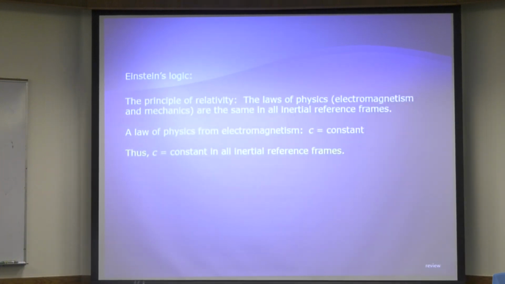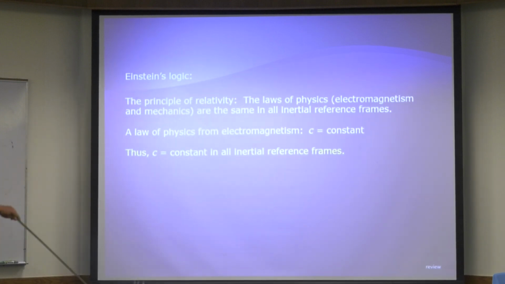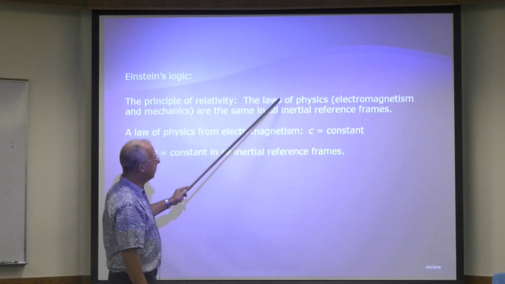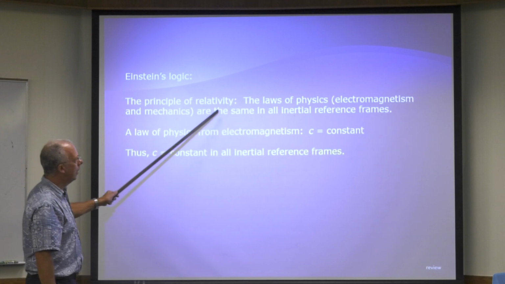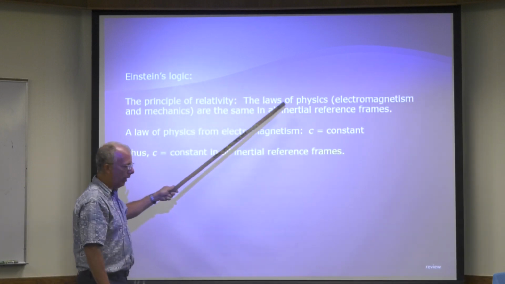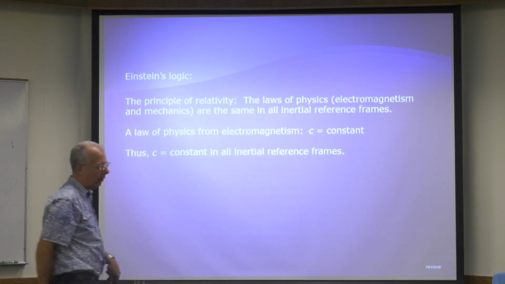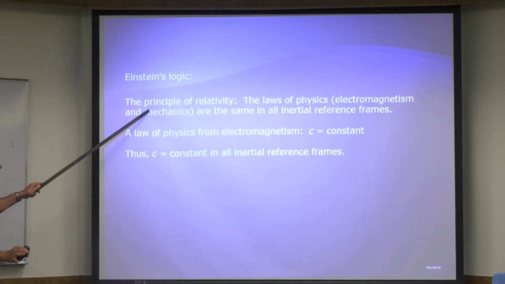Okay, let's review now. This is the important logical argument. The principle of relativity says that the laws of physics, electromagnetism, and mechanics are the same in all inertial reference frames. That is true. You prove that every time you go on a plane or on a train. All right, so that's the principle of relativity, which is true.